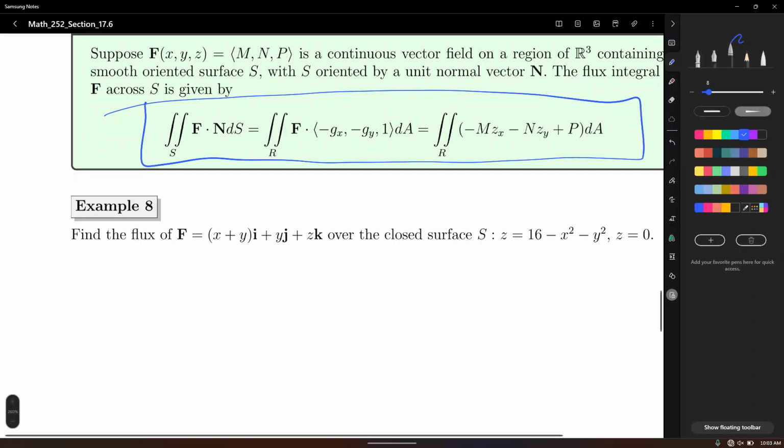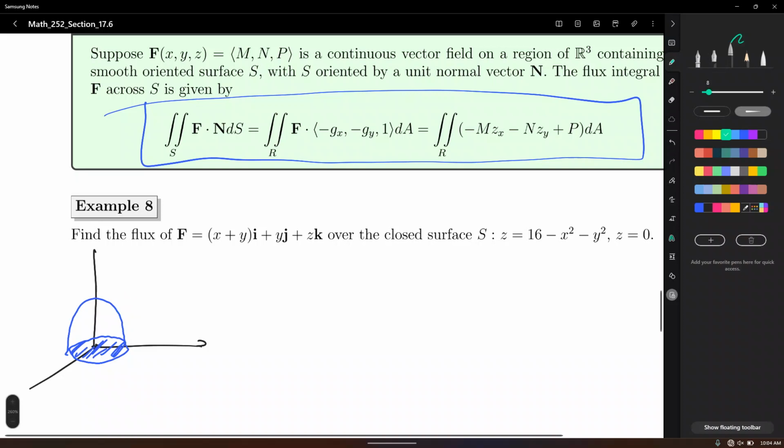Okay, let's go about it. Let's do a really quick picture here. The projection, of course, will be that of a circle, and that's going to be our upside down paraboloid, right? So this is the floor. Check this out.